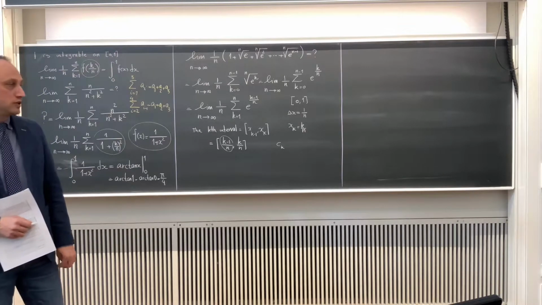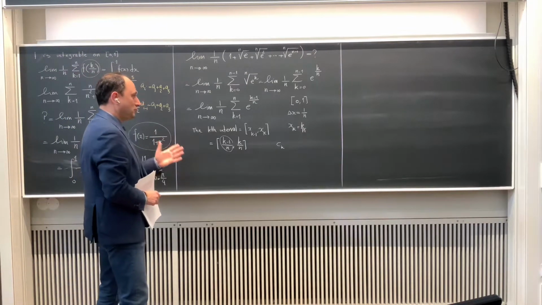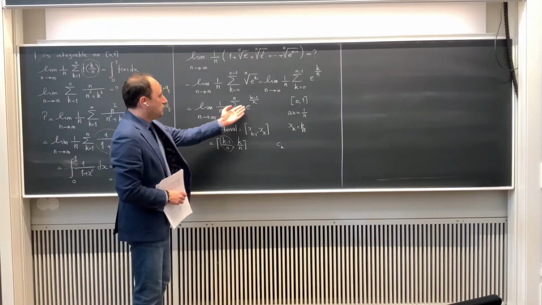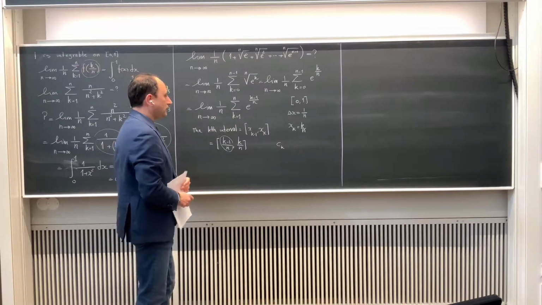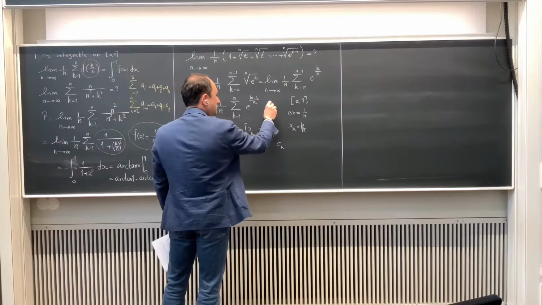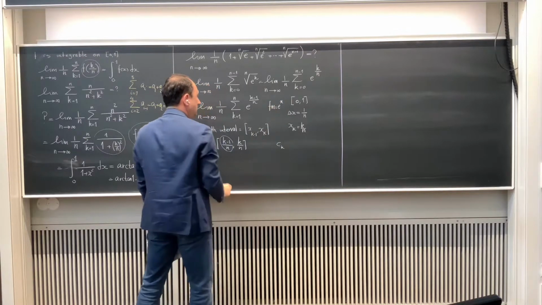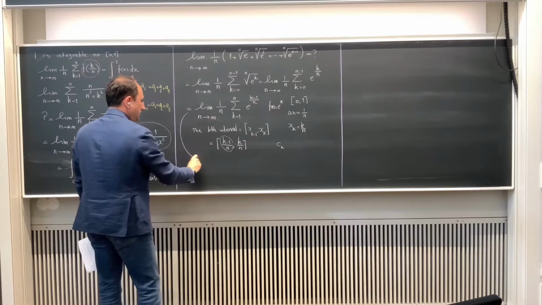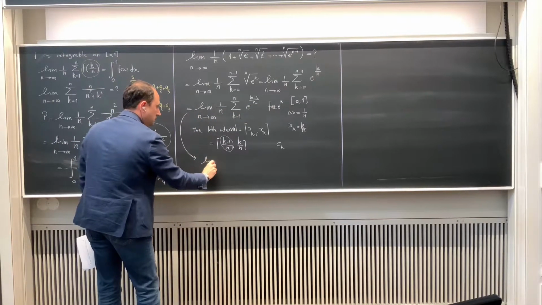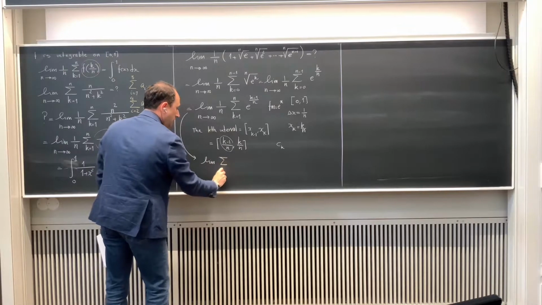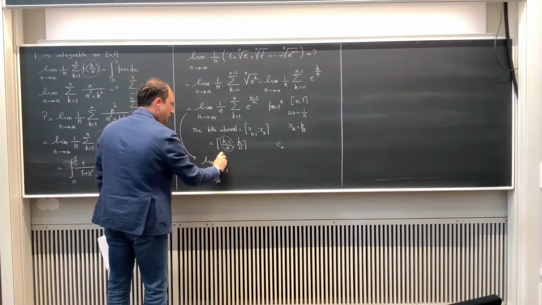Understandable or not? Okay, so this means that, now if you understand, by the way, what is the function here? If you introduce the function as you mentioned, f of x to be e to the power x, then I can write this limit as the limit of sigma k goes from 1 to n.